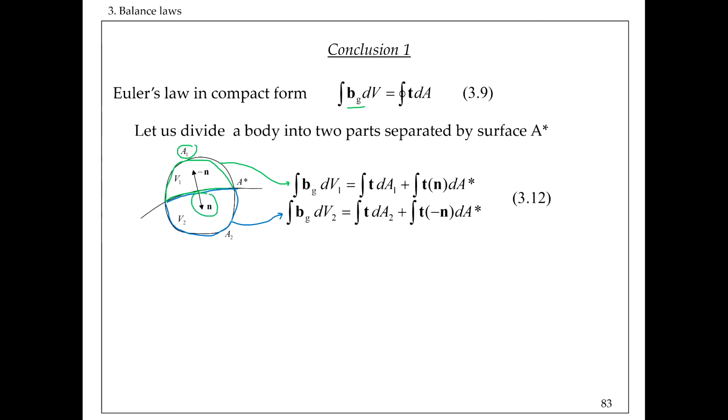And when we integrate over this area A star, considering V2, the outer normal will be exactly minus n. Therefore I will circle this in blue so that it corresponds to our integration here. Hence here the normal is minus n.